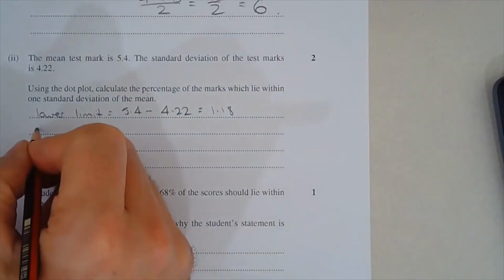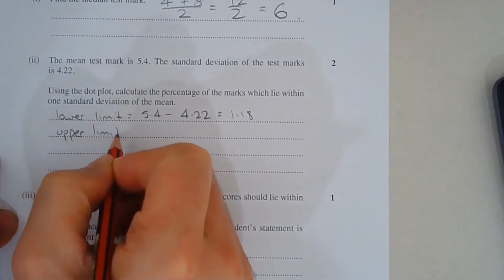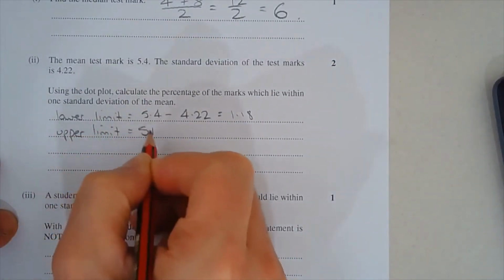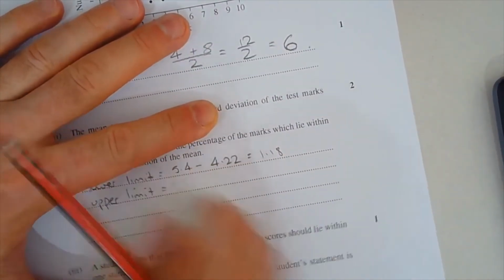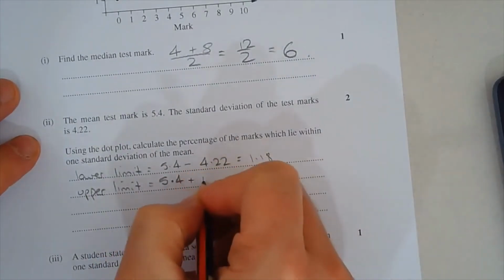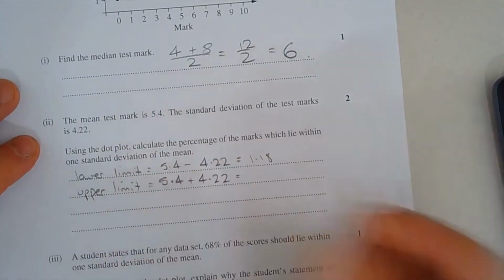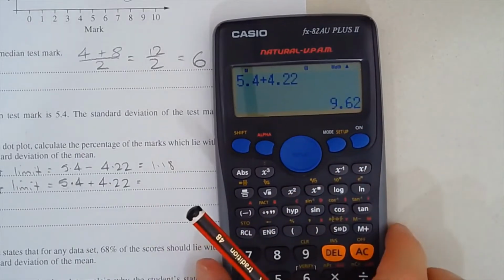Let's work out the upper limit, which is equal to 5.4 plus 4.22, which equals 9.62.